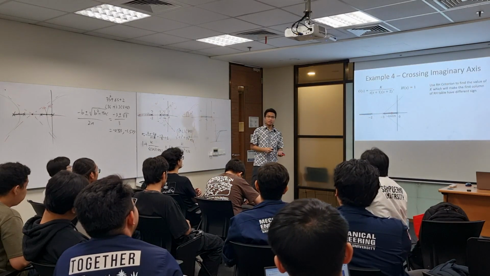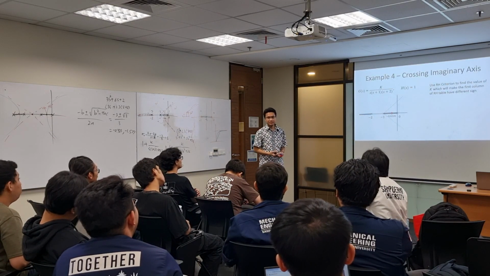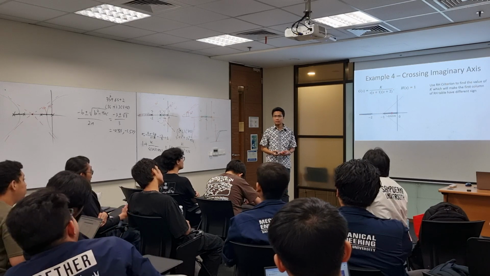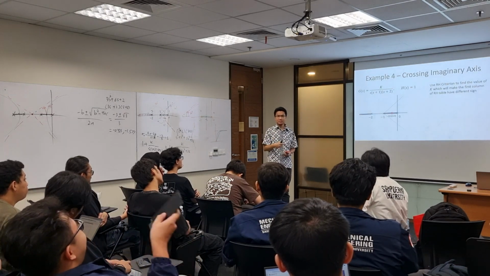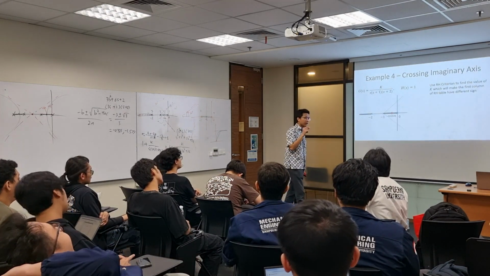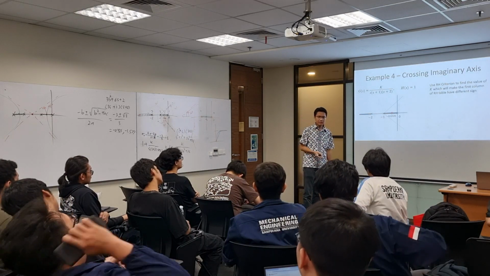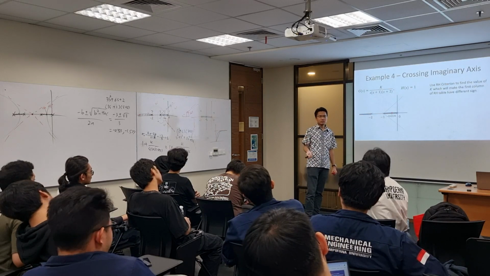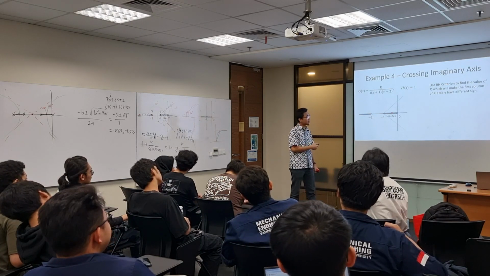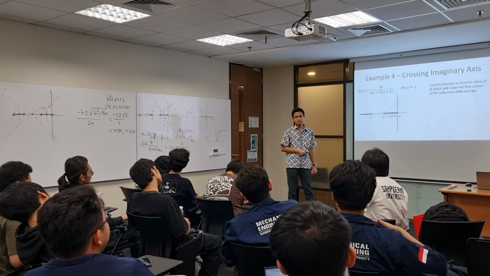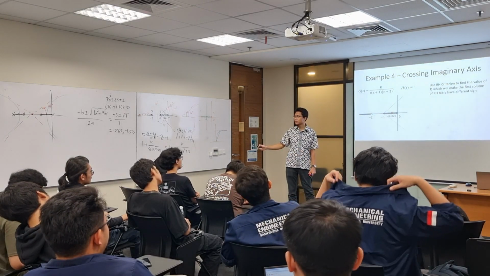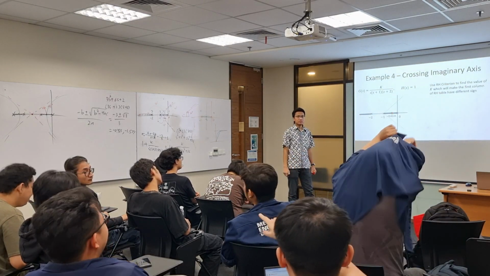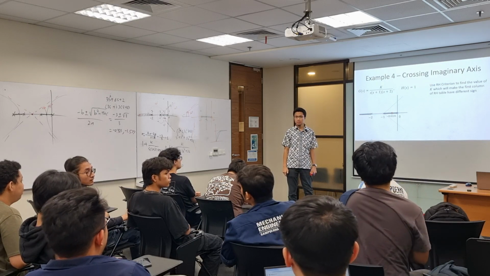You can answer using the Routh-Hurwitz criterion, where the sign will change. What is the minimum value of k at which it will change signs? Once you get the value of k, you put it back into the characteristic equation, find out the pole, and that will be the location.